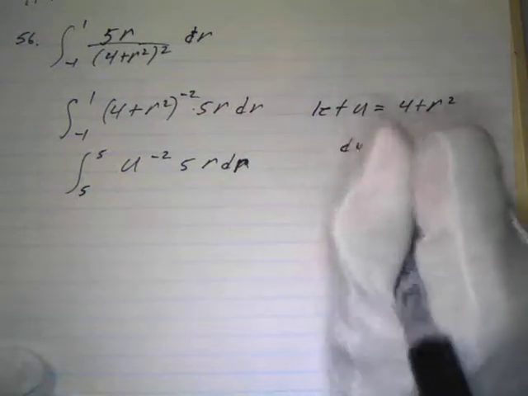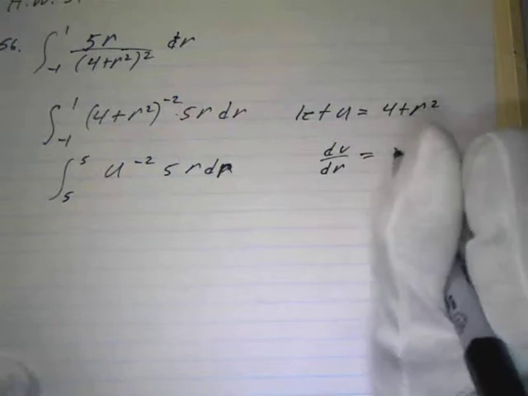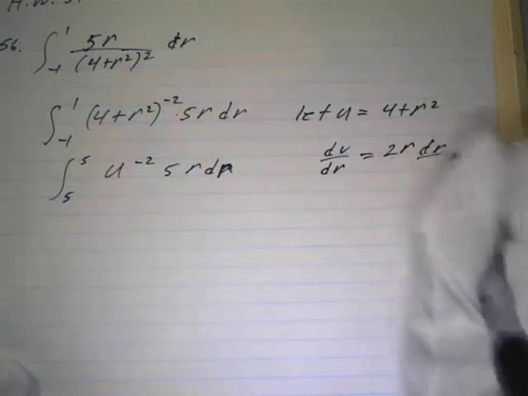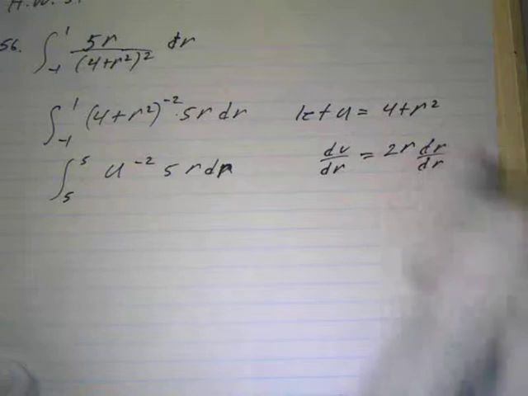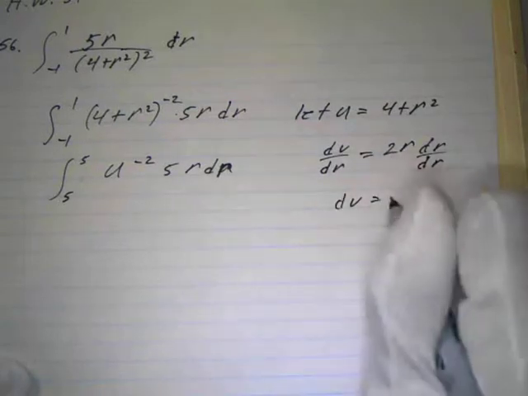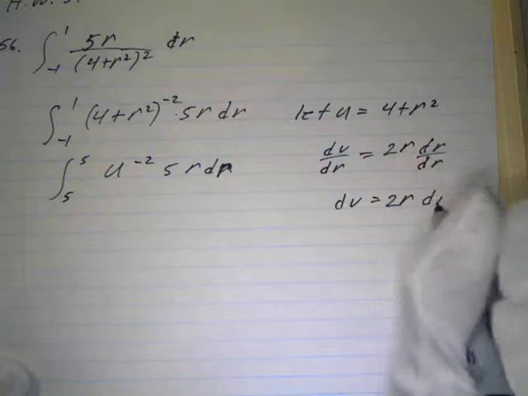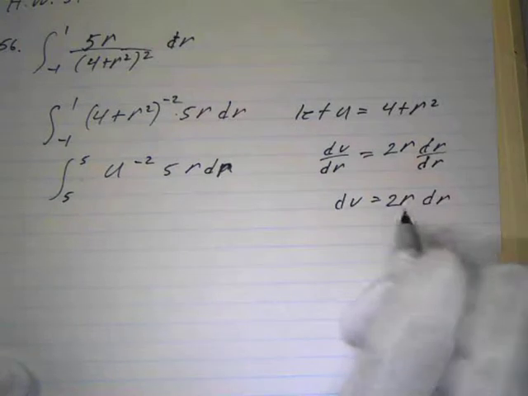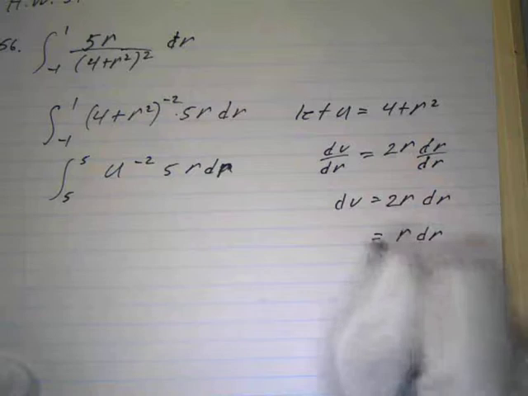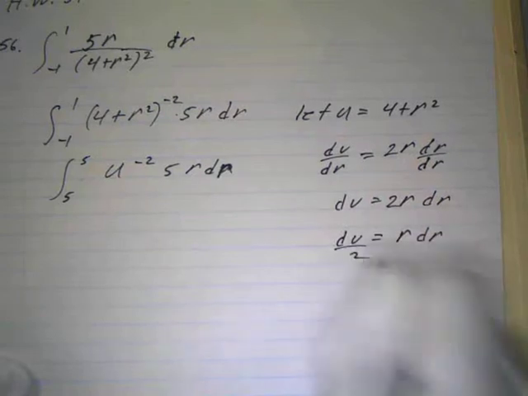And then I'll find out what the dr is, so I'll let du dr equal 2r. So those cancel, so we end up with du equals 2r dr. Well, first of all, get r dr equals du over 2.